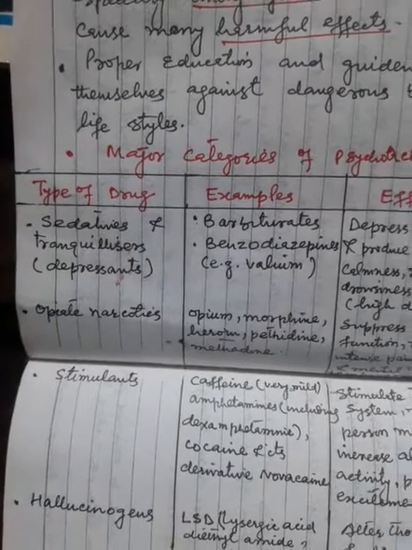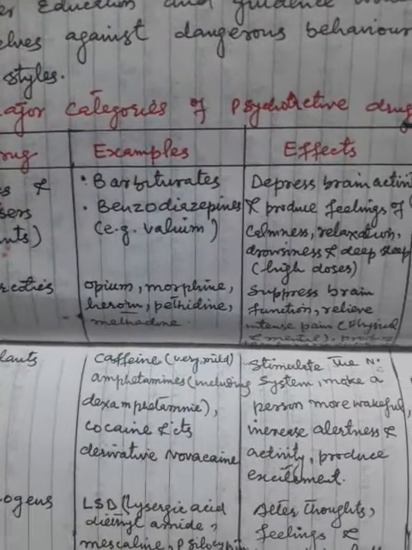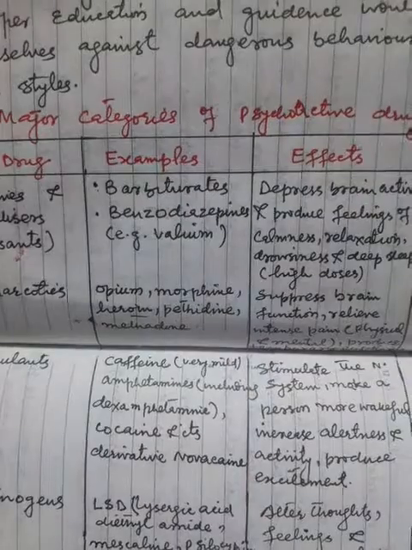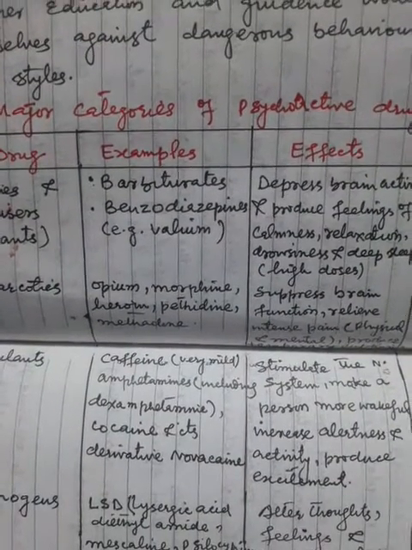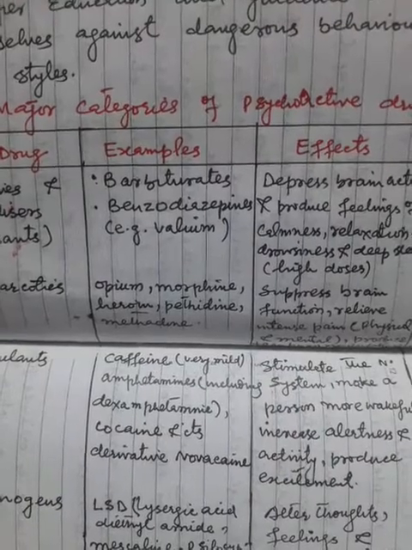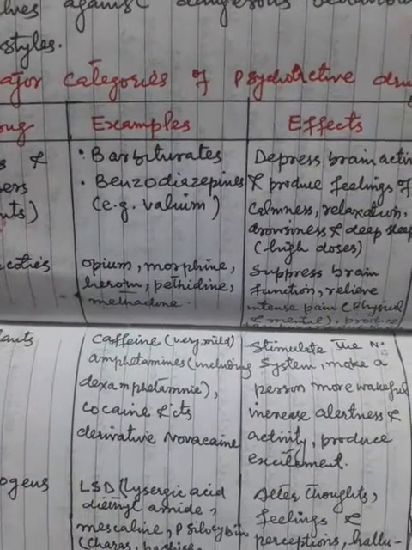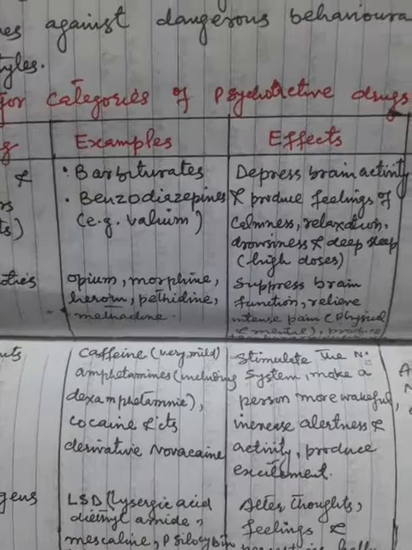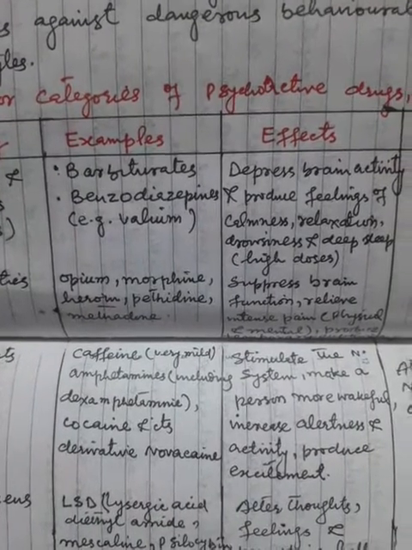Then we have the type of drug, stimulants. Examples of stimulants are caffeine, very mild, amphetamines, including dexamphetamine, cocaine and its derivative novocaine.